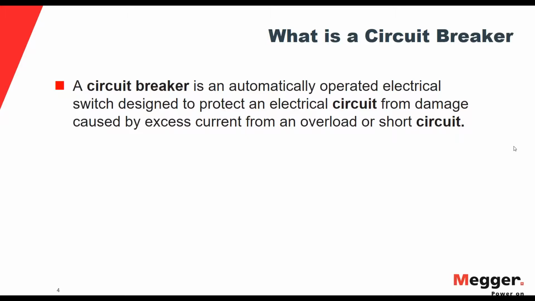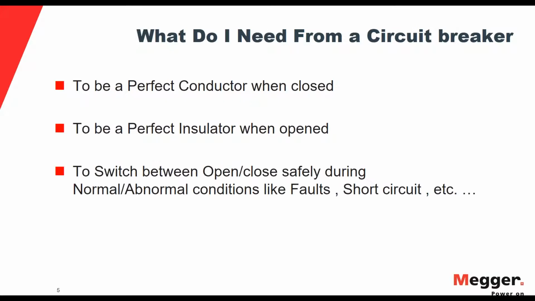But what is important about that? What do I need in this circuit breaker to be a perfect conductor? It means it has minimum losses and no heat generated when it's in the closed position, and to be a perfect insulator when it's in the open position.